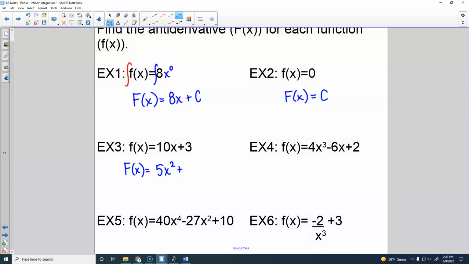This should be easy, but he integrated the 10x. What was he doing to the 3? He said 0. He was taking the derivative. So what happens from this point forward is sometimes I ask you for the derivative and you integrate, or I ask you to integrate and you take the derivative because we just get it all jumbled up. So be really careful with that.